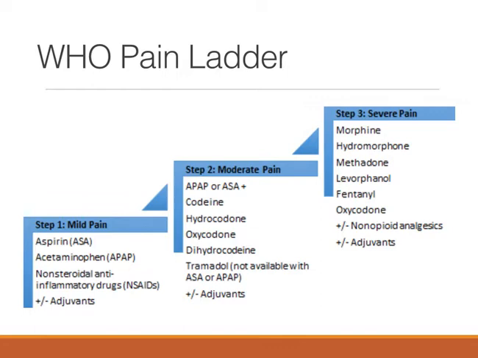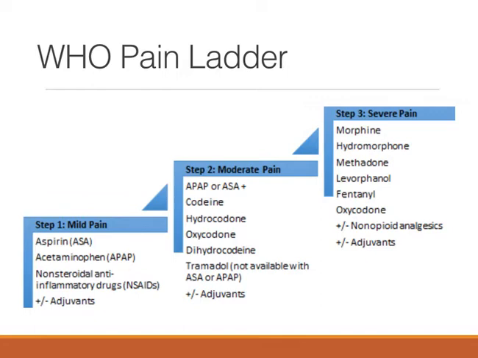So if your patient reports mild pain, what are appropriate drugs? We can use aspirin. We can use acetaminophen, which is Tylenol. We can use some NSAIDs like ibuprofen, naproxen. Now, what if they're reporting moderate pain? Then these are the drugs that are appropriate. We could try acetaminophen or aspirin.